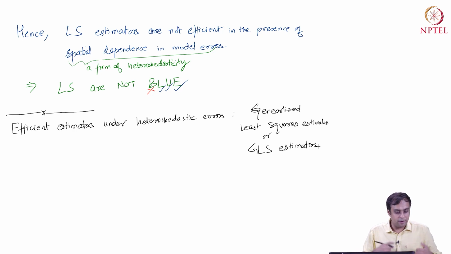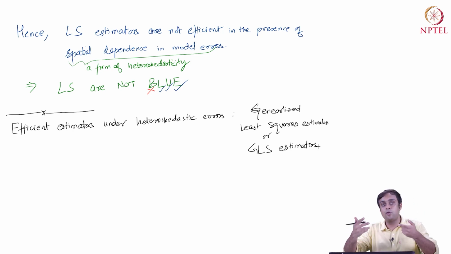Basically, we have moved from a specialized homoscedastic variance covariance structure to a more general variance covariance structure where the off-diagonal elements are not zero. As a consequence, the efficiency property is taken away from the ordinary least squares estimator, but it is restored if we work with the generalized least squares estimators.